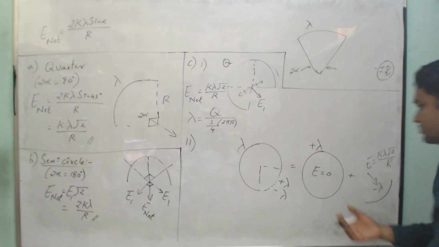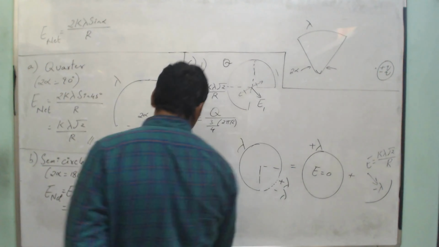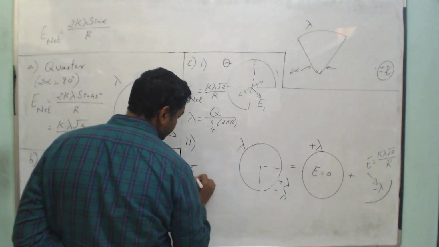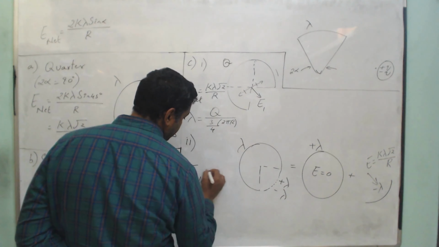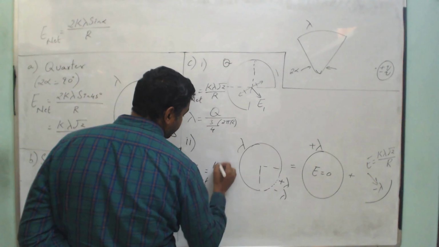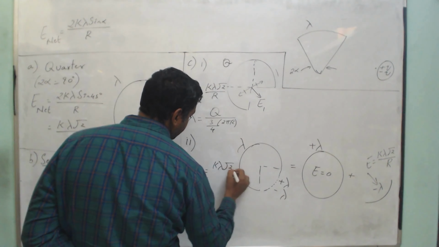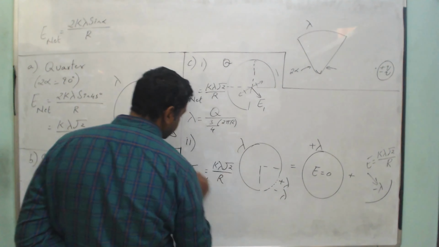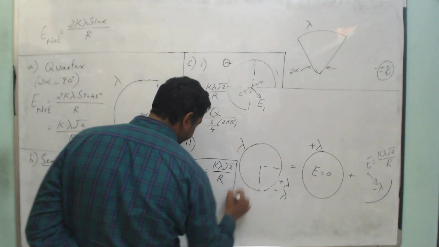So basically this way also we will get E net is equal to k lambda root 2 by r. Is this clear?